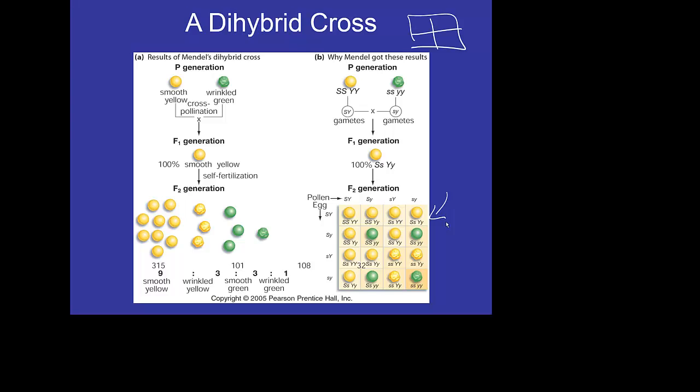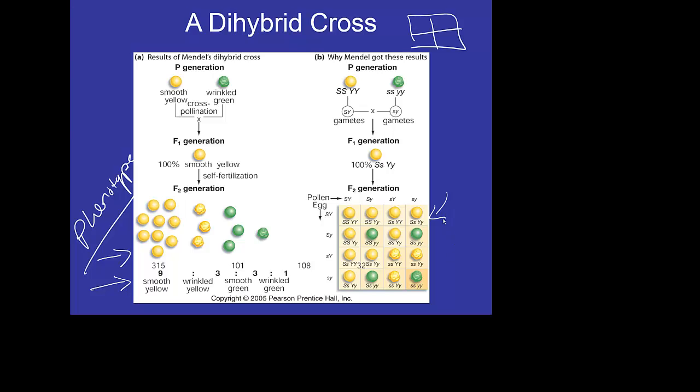But the biggest thing we want to focus on is the phenotypic ratio that is associated with this. So the phenotype that you get with every single dihybrid heterozygous cross is a 9:3:3:1 ratio for the phenotype.